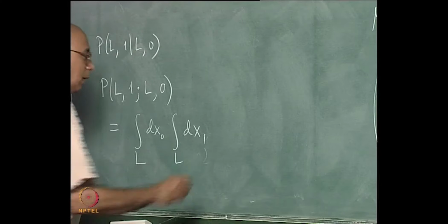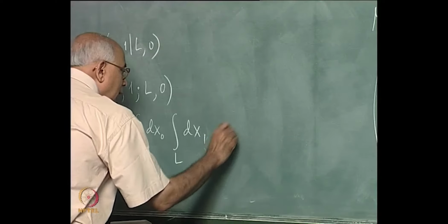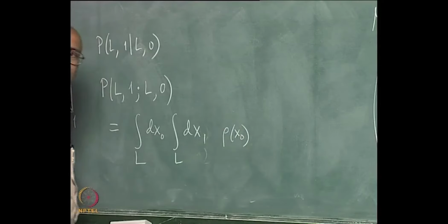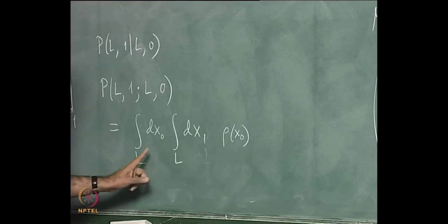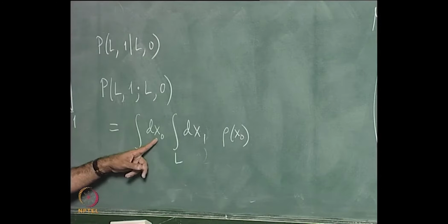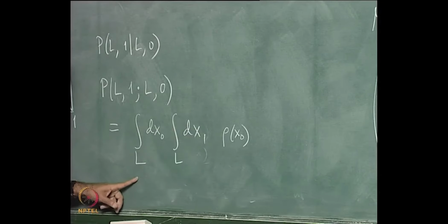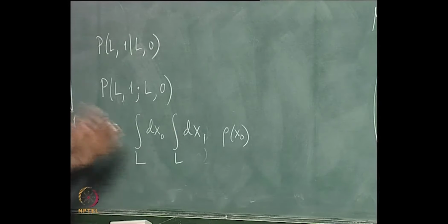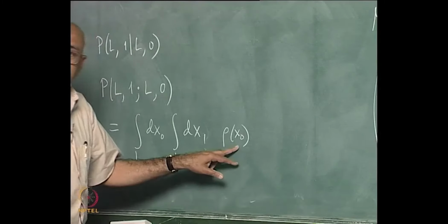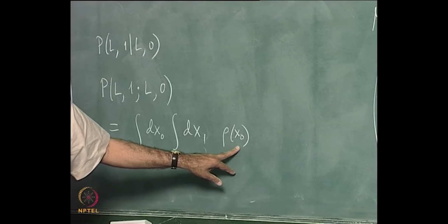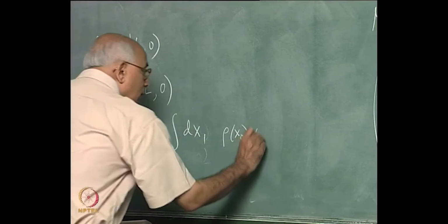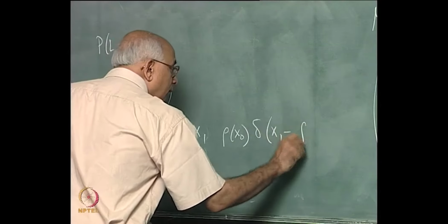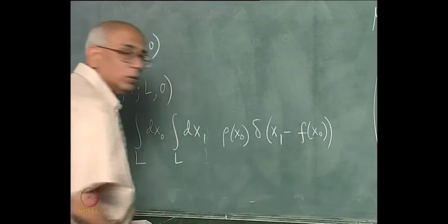So this is multiplied by the invariant probability that you are in the cell L. You have the invariant probability for this variable x naught, rho of x naught integrated over L, that gives you the probability of starting in L, multiplied by the probability density for starting at x naught and moving to an x1, and that we know is a delta function kernel, and we know that that is equal to this.